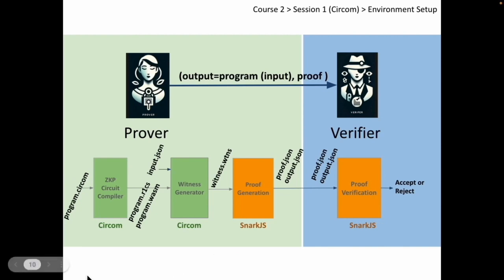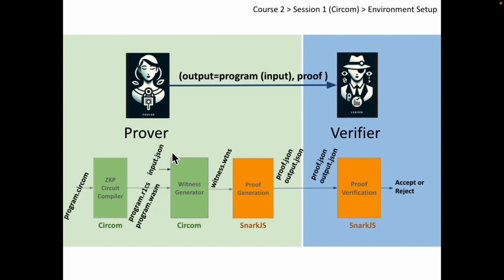Let's review the actual file formats for the input and output of each software component in this process. The program is written in a file with the extension .circom. This file is fed into the Circom compiler, which generates several files. For our purposes, we use only two of them, a .r1cs and a wasm file.